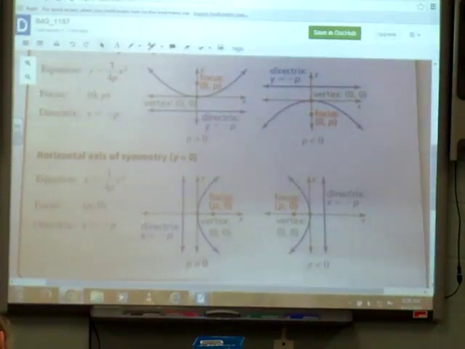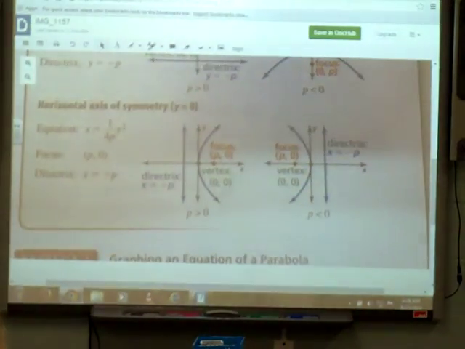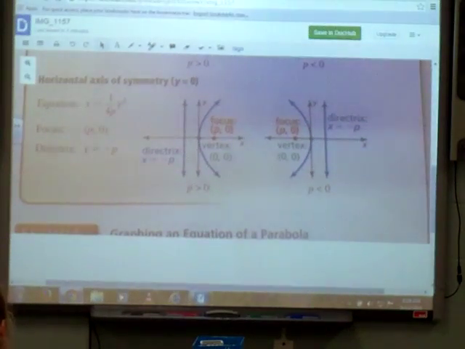Where y'all at? Is everybody still on the top ones? I just want to help the people in the back be able to see all that.